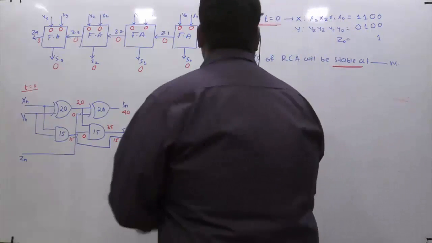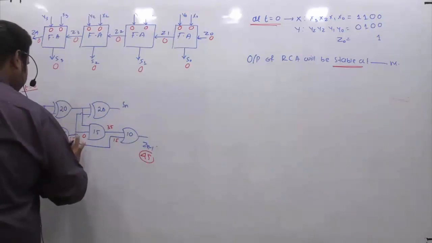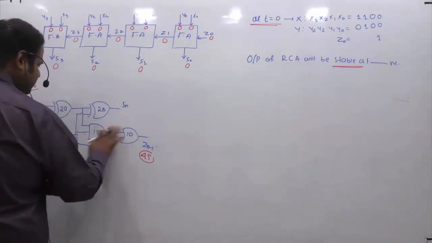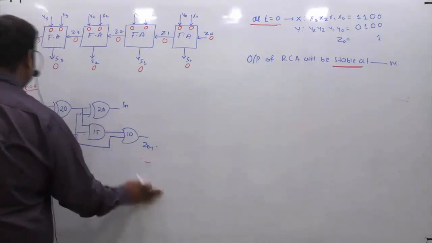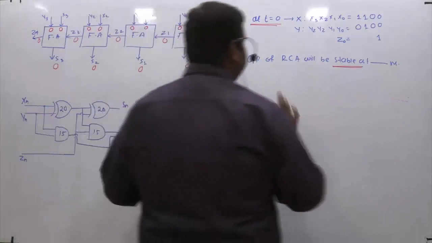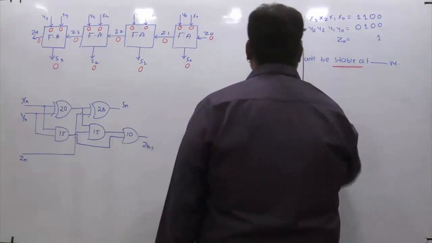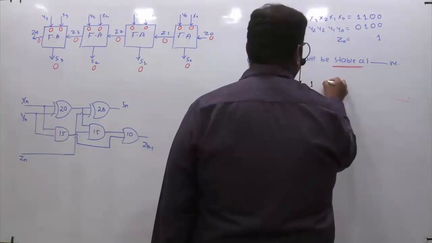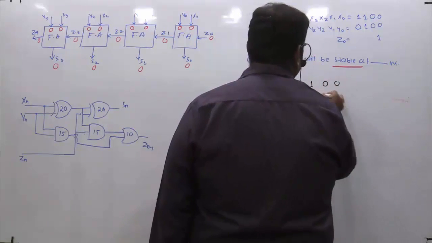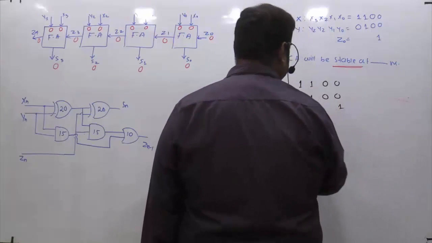Now the point is this. All this information I am erasing, since it is of no use to me. For that purpose only I have shown you this. So initially, it should be clear. See, if you are going to add 1 1 0 0 and 0 1 0 0, this is x, this is y, and the initial carry is 1, right?